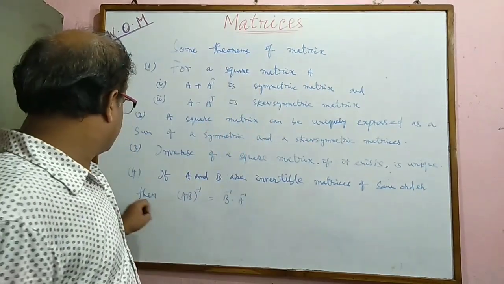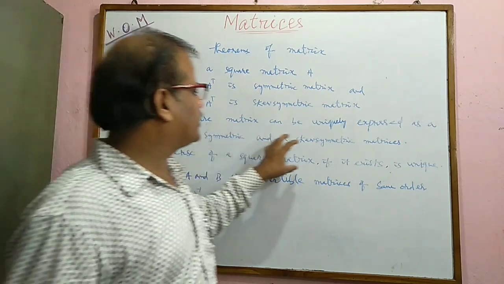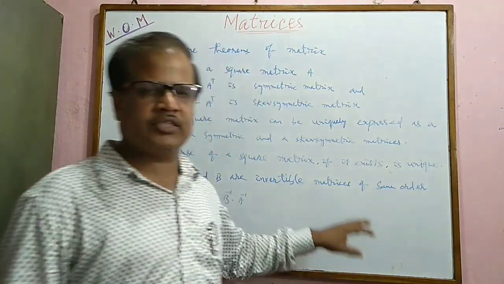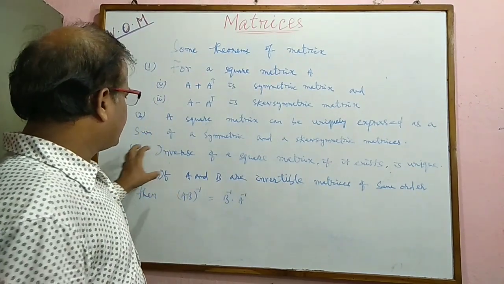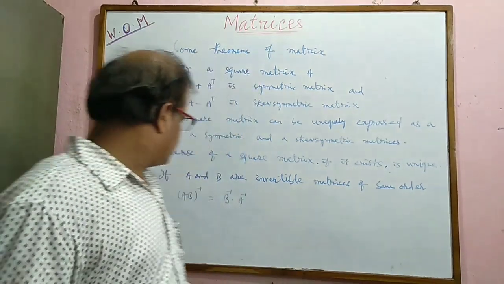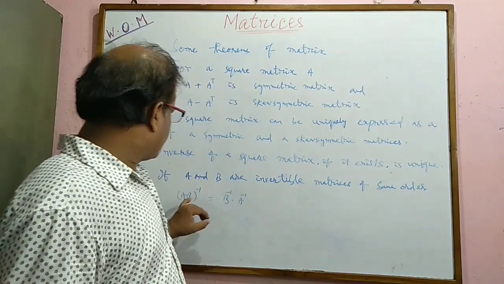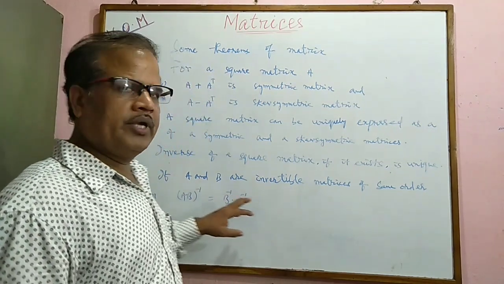The third theorem is, inverse of a square matrix, if it exists, is unique. The fourth theorem is, if A and B are invertible matrices of same order, then AB whole inverse is equal to B inverse into A inverse.